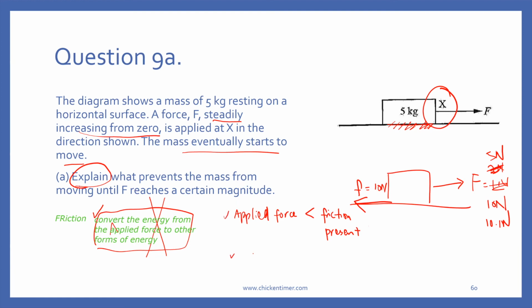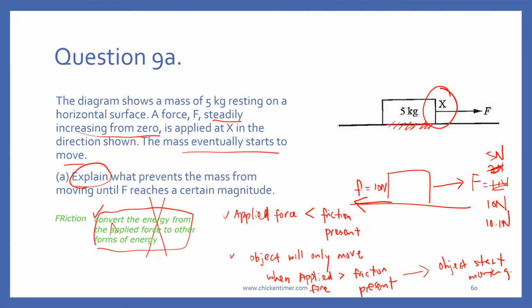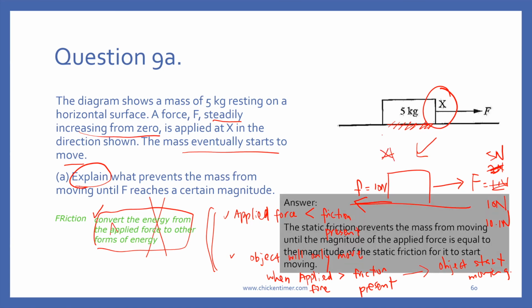Then the object only moves when the applied force is greater than the friction present. Then the object will start moving. So to explain what prevents the mass from moving, it's these 2 points, which you get from this diagram. Okay, Ken? I think you have the file already.